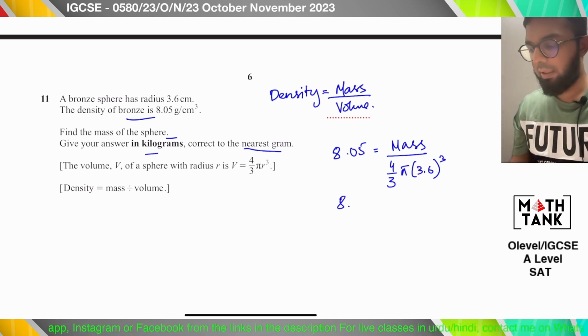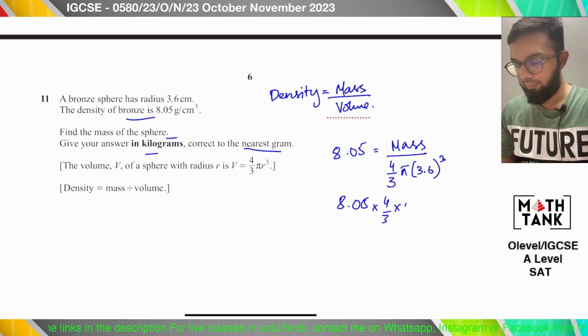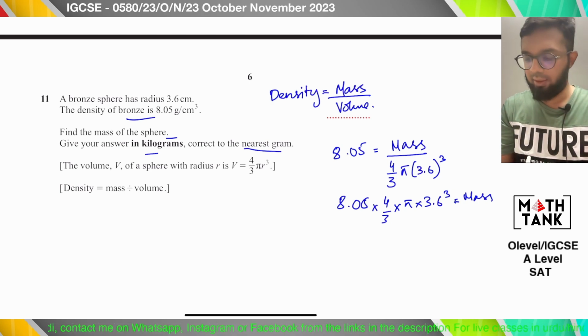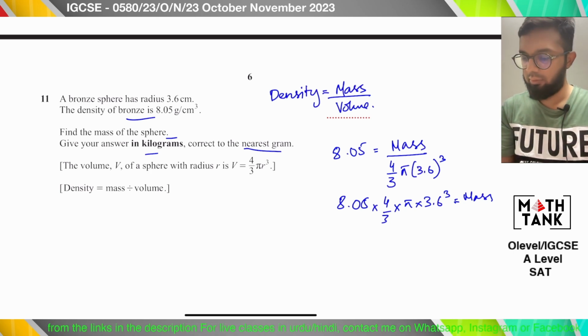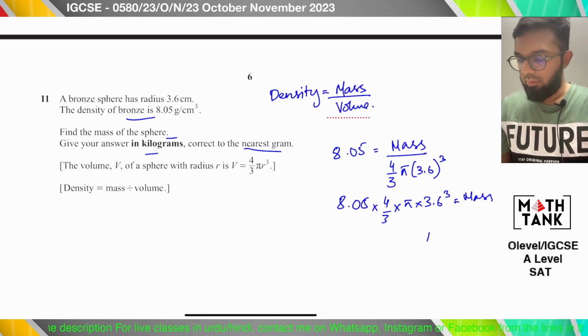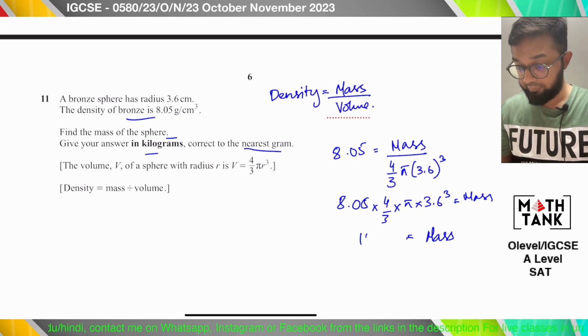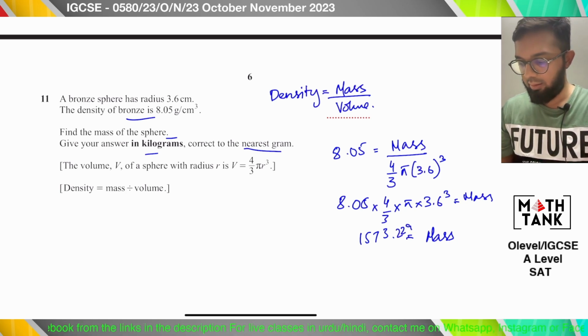And this is cross multiplied. It gives me 8.705 times 4 over 3 times pi times 3.6 cubed. Let's see if we get the correct mass, and then we're going to convert that into kilograms. 0.229.